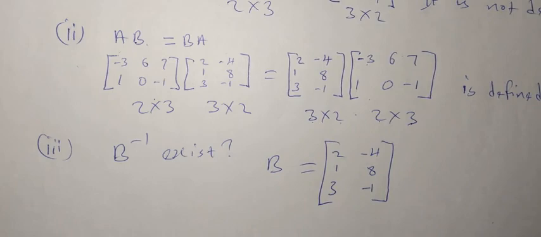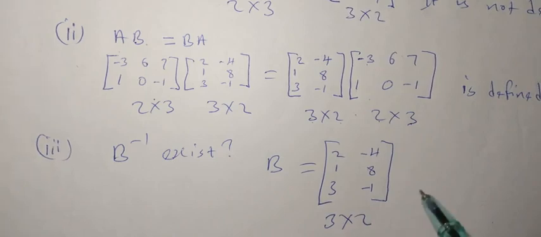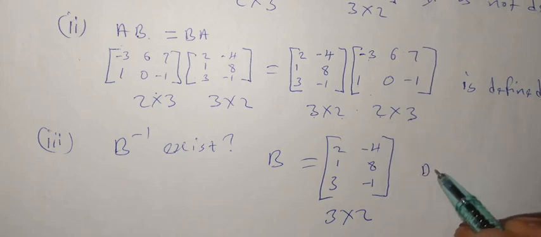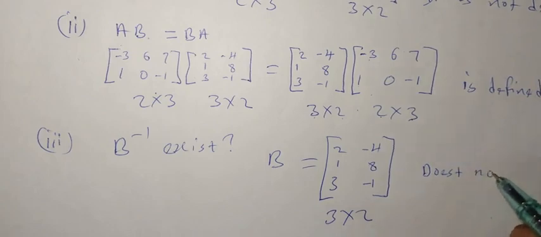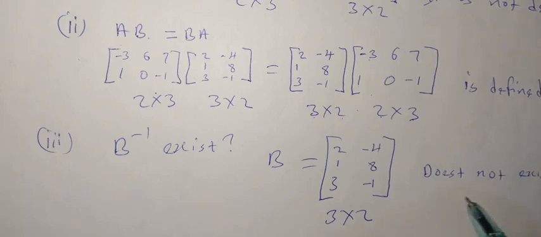You only calculate the inverse of a matrix using a square matrix. This is a 3 by 2 matrix, so the inverse does not exist, because it is not a square matrix.